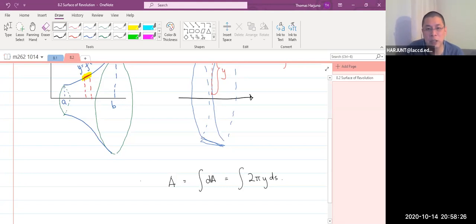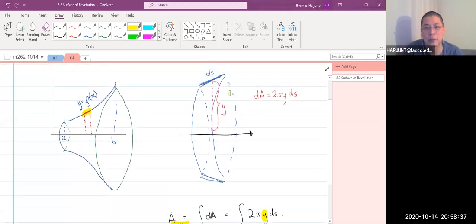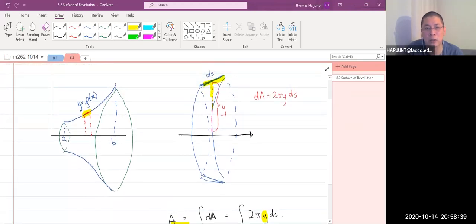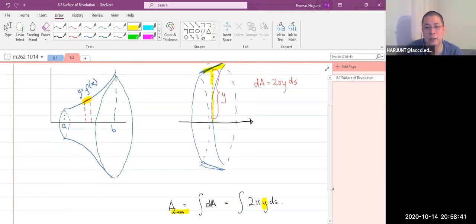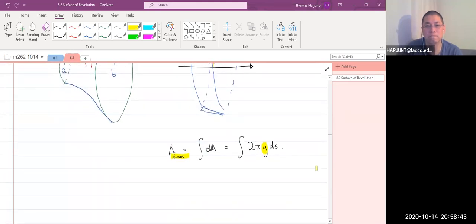Notice that this is if you revolve with respect to the x-axis, where y is the radius to the x-axis. That's the radius of that cylinder to the x-axis. Now in practice, this is the integral from a to b.